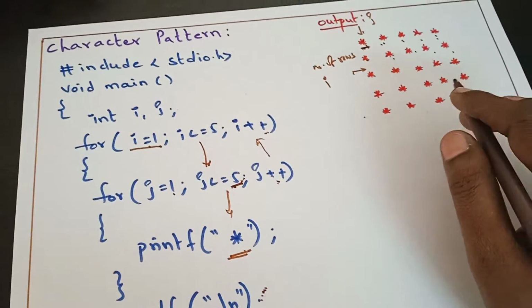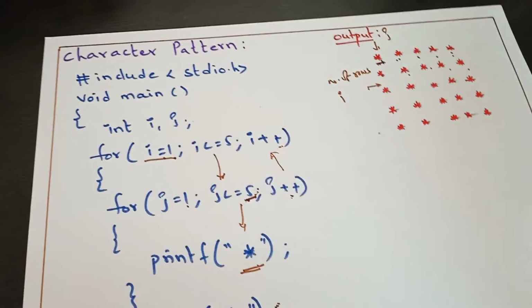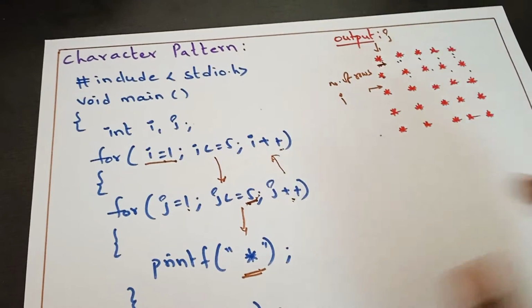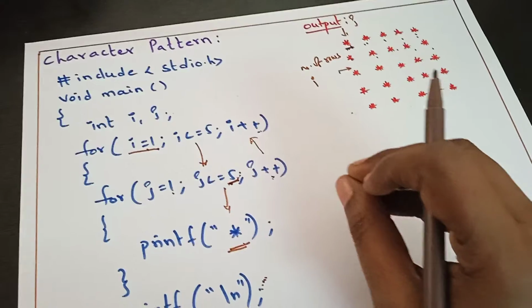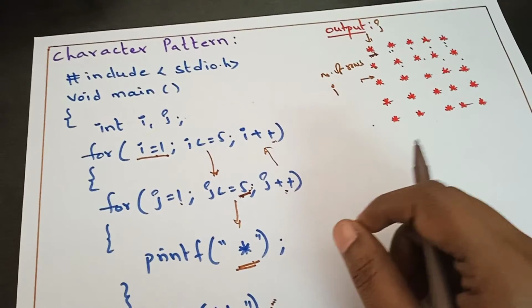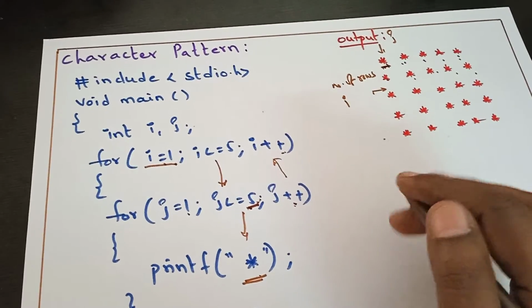Now I will not change any condition. I will be putting the same condition. Now we'll see a slight modification to print an alphabetical pattern. Okay, alphabetical pattern.